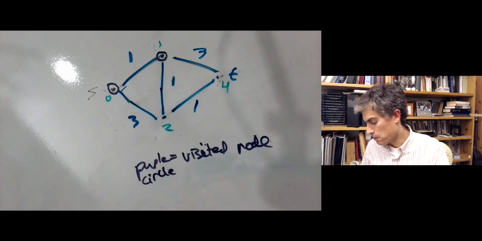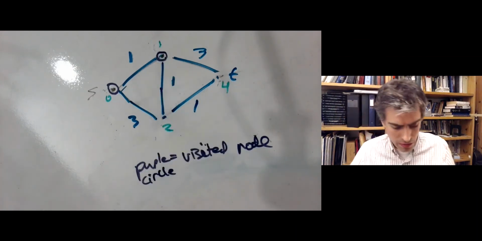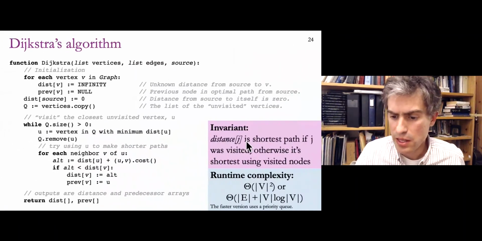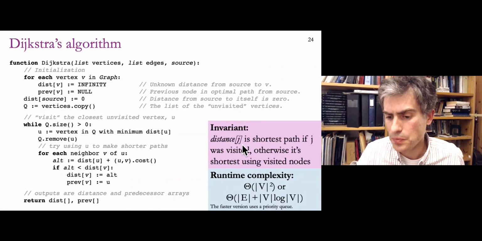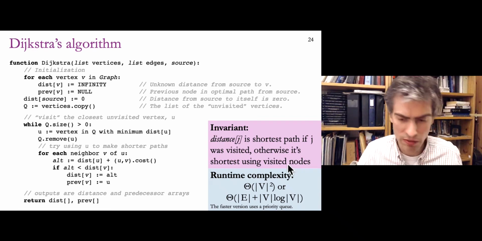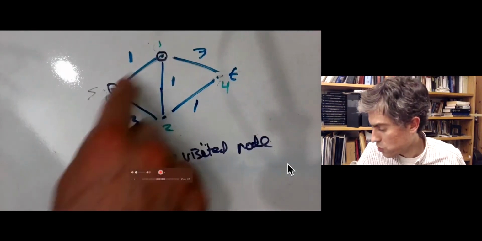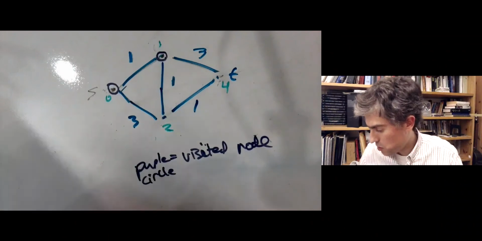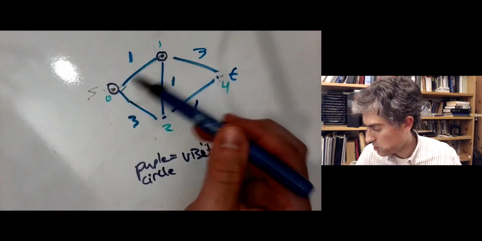Now, let's look back at the invariant. The invariant said that the distance to every node was the shortest if that node that we're considering was visited. Otherwise, it's the shortest using visited nodes. So we have the shortest path to these 2. So 0 and 1 are in fact the shortest paths to these 2.